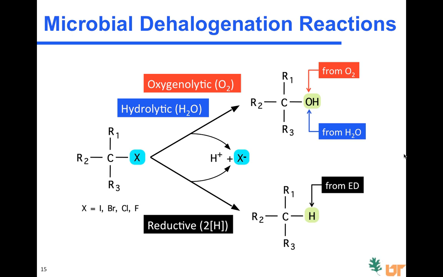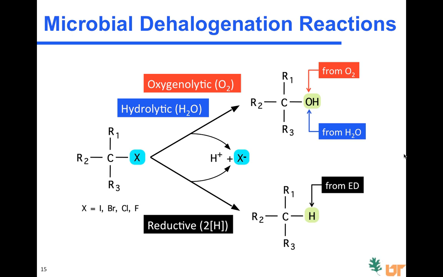Also note in the center of the slide that the halogen substituent is always released as an anion. So in the case of chlorine, you generate chloride, just like sodium chloride, salt. This anion is environmentally of no concern.